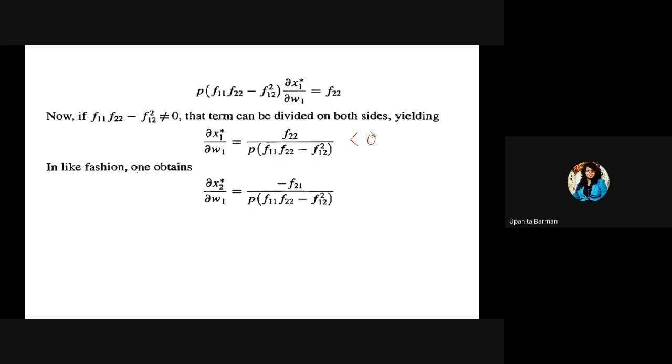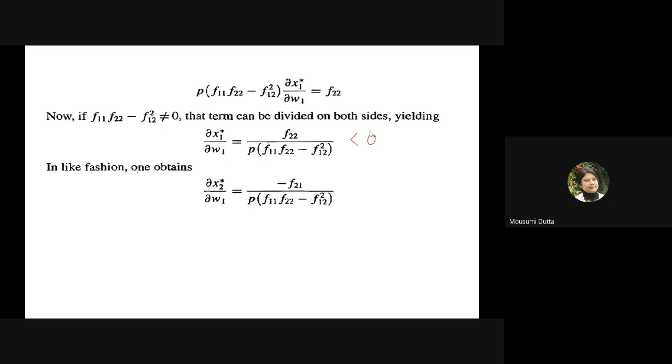If W1 increases, x1 will reduce. Yes, that we know. Now in the language of economics: if the per unit factor cost increases, then the production will decrease. Okay, so demand for input X1 will fall if the price of this input increases.